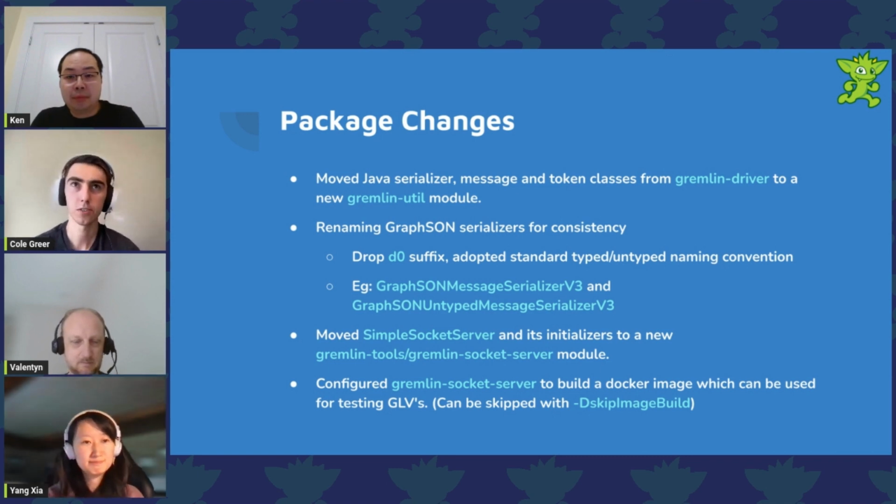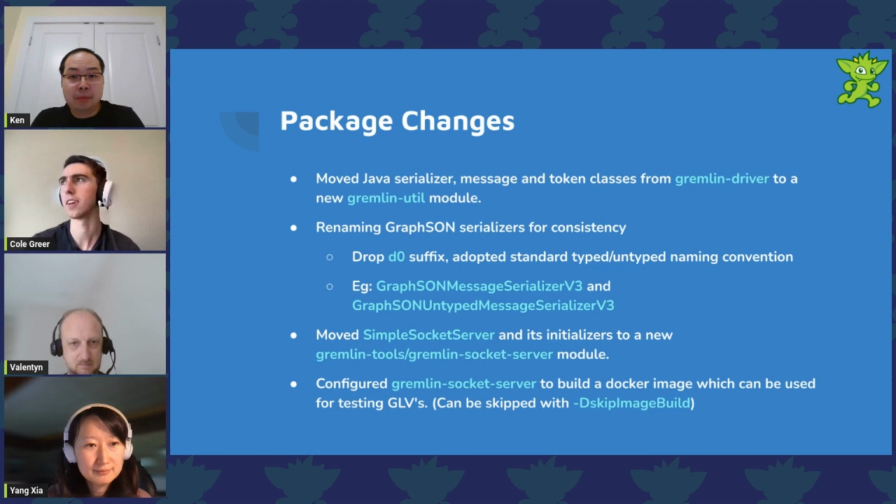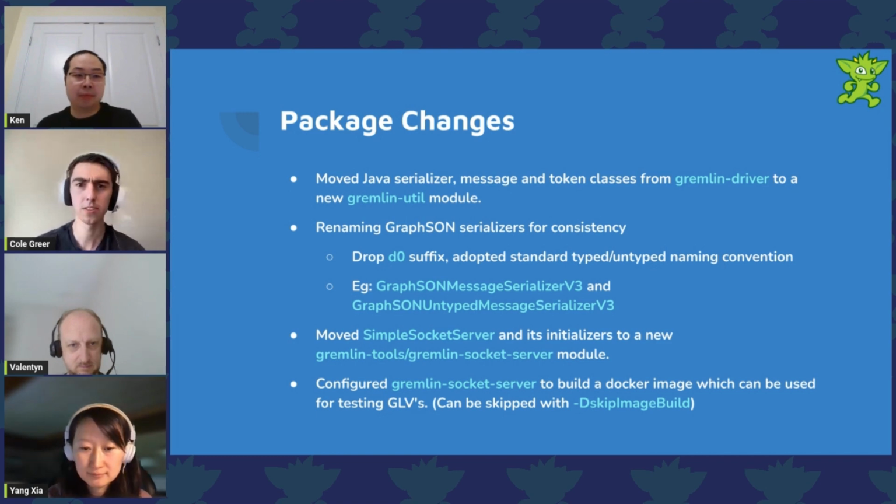And since we already changed those package names, we also took this as an opportunity to rename a lot of the GraphSON serializers, because their naming convention didn't really align well with the rest of what we had in TinkerPop, and it was just not the most clear naming before. First, we've dropped the D0 suffix at the end of the serializers. So you still always have the V3 and that sort of thing on the end, we just got rid of the D0. It wasn't being used at all, so it was unnecessary.